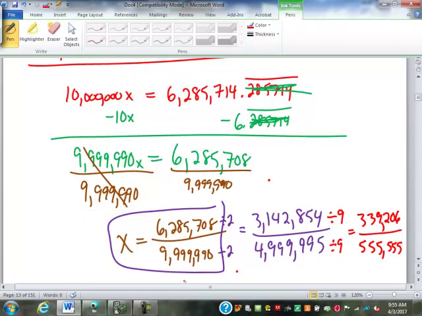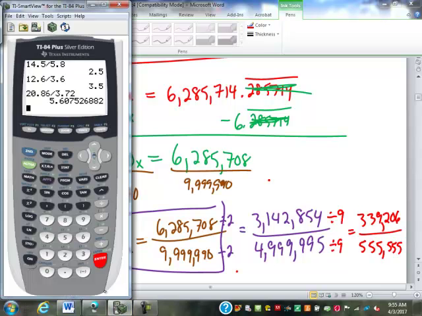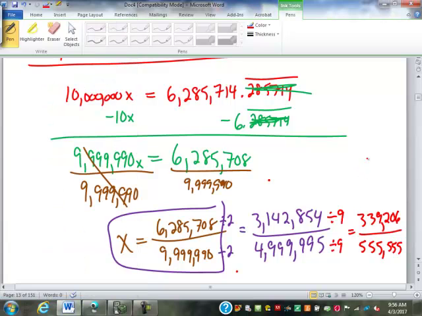I think there is still something we can reduce there. I want to make sure I divided this right. $349,206. That's where that problem is. That'll make a difference. Now they're still both divisible by 3.